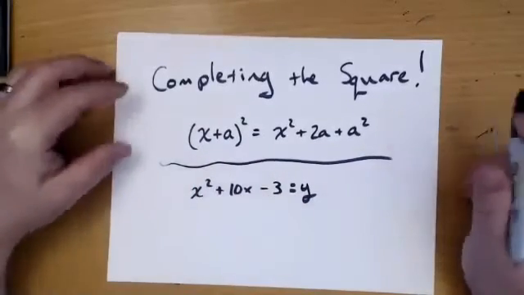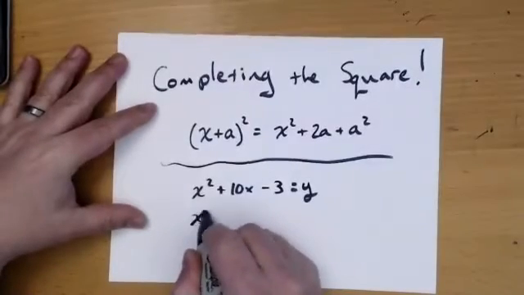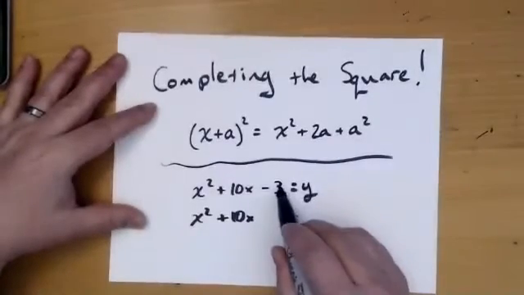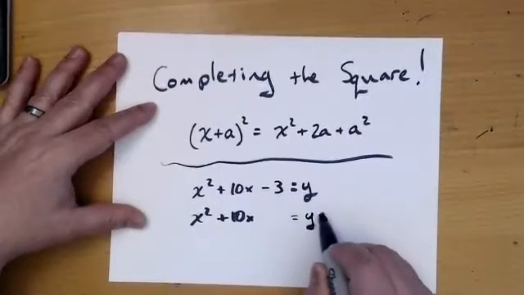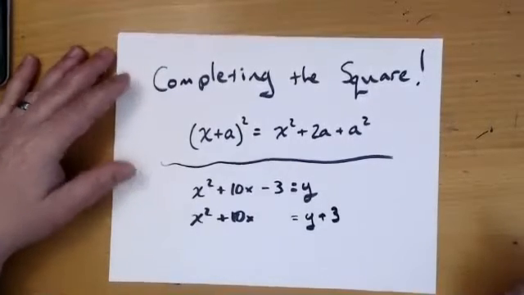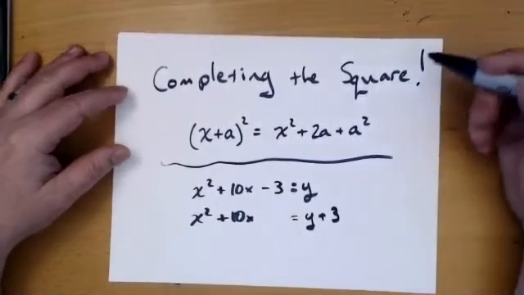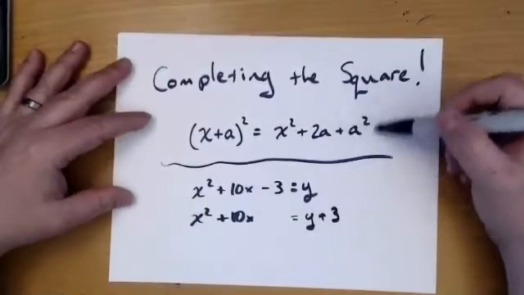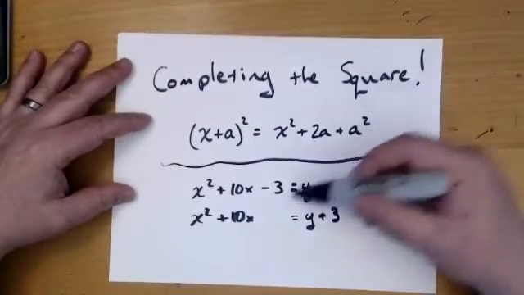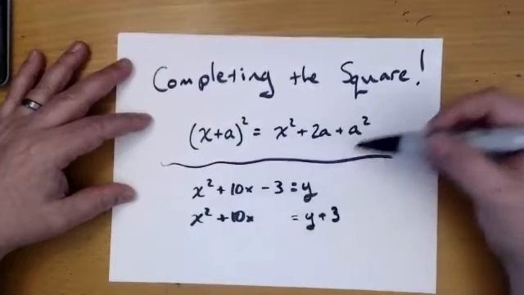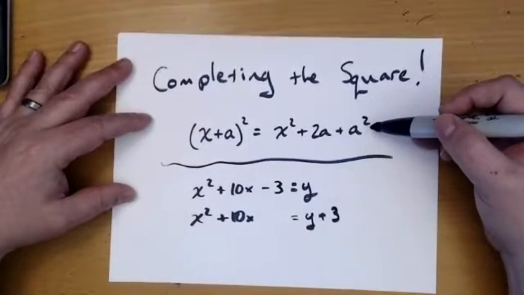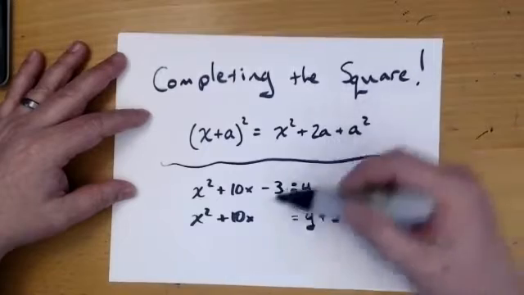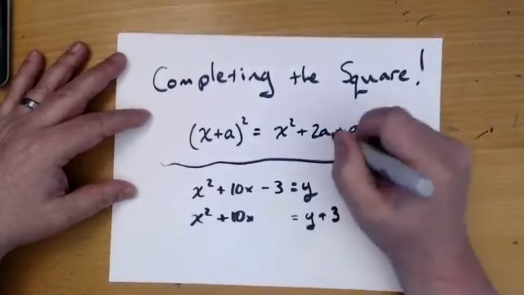Okay? So the way we do this is I take the 3 and I bring it on over to the other side. Now, I leave this space here for a reason, because what I need to do is add an a squared term right here. But the problem is that I don't know what a squared is. But if I look at this term, that 2a, oh, that's 2ax, sorry.